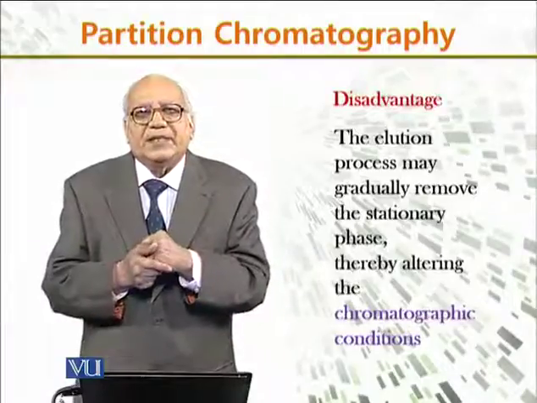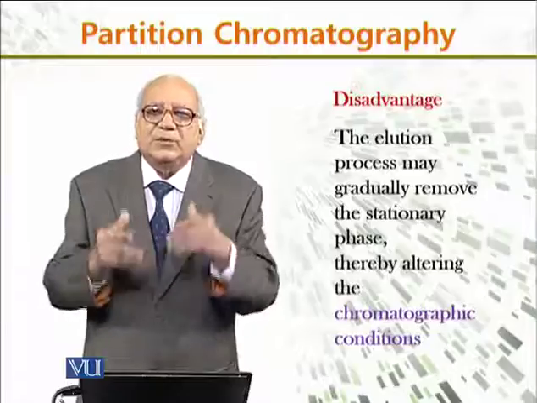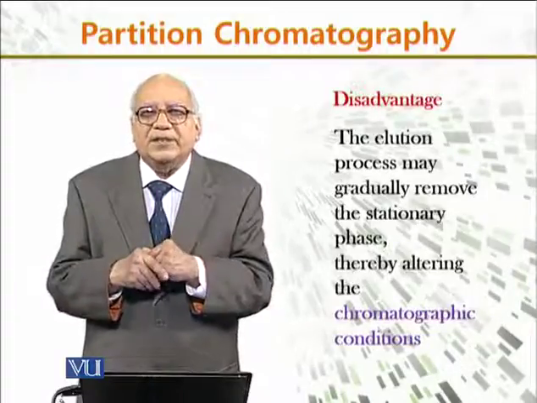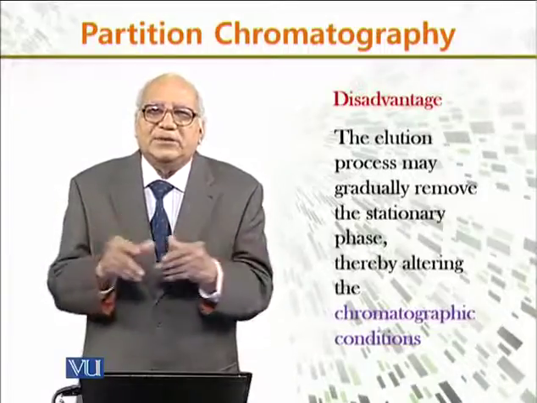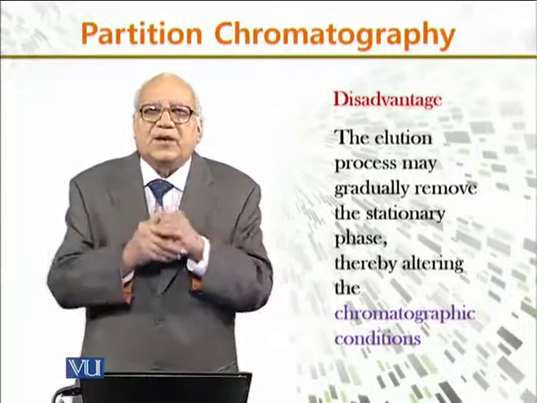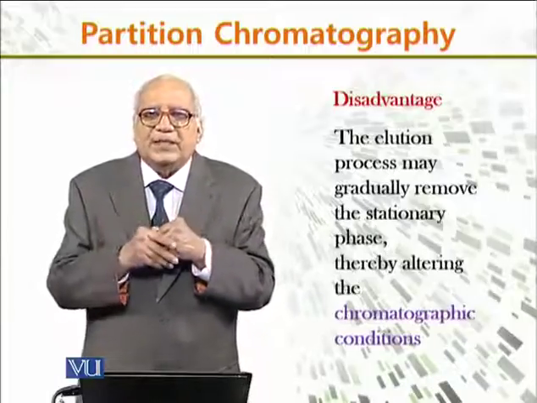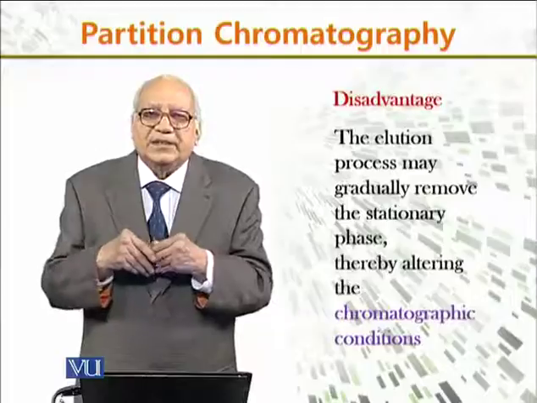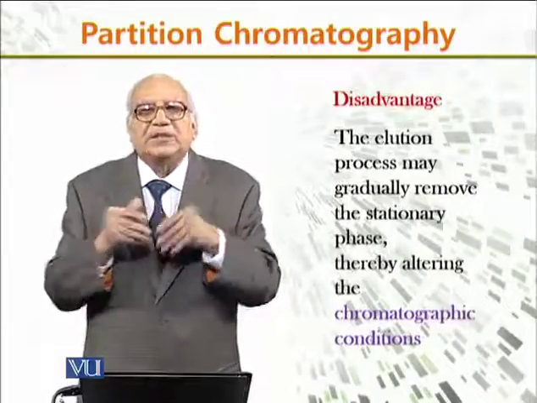Along with the advantages, the disadvantage lies in the elution process. Elution is the removal of the analyte which we have absorbed on these columns or supports. The elution process may gradually remove the stationary phase as well.